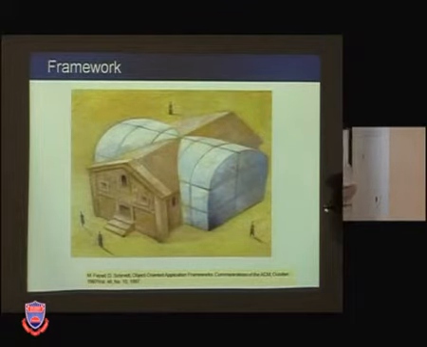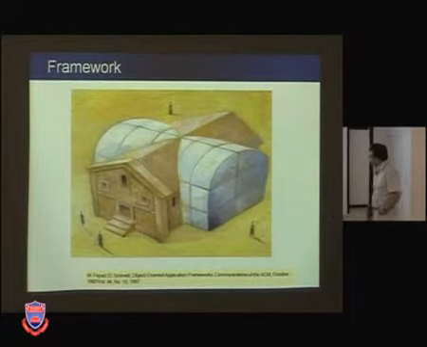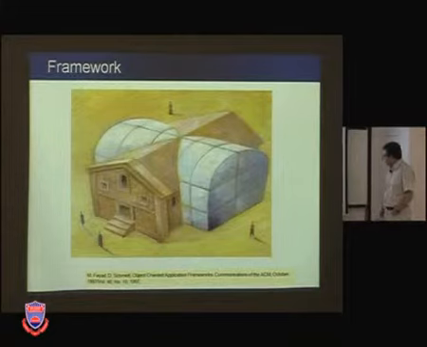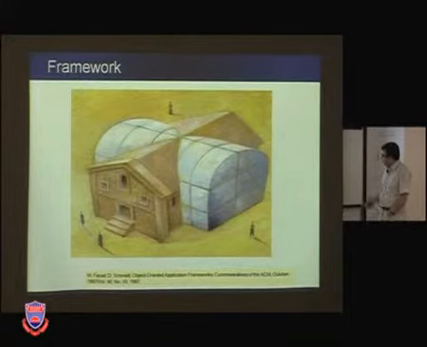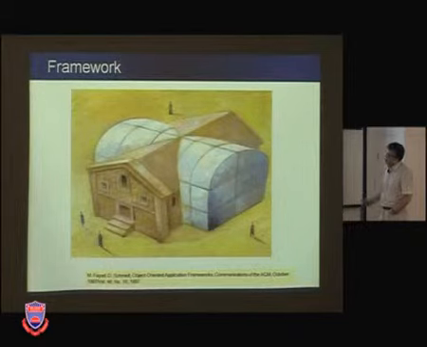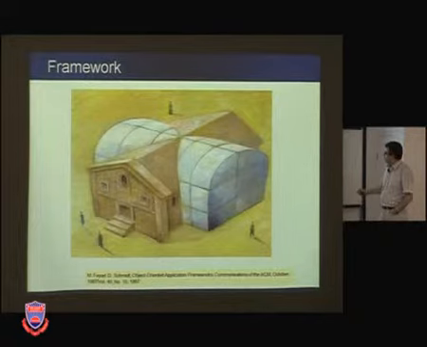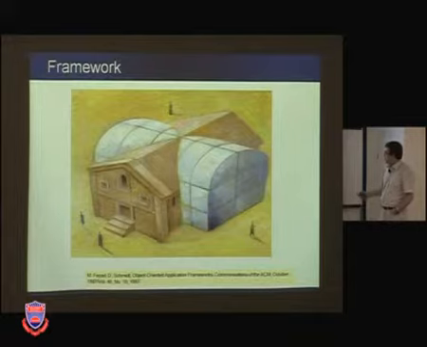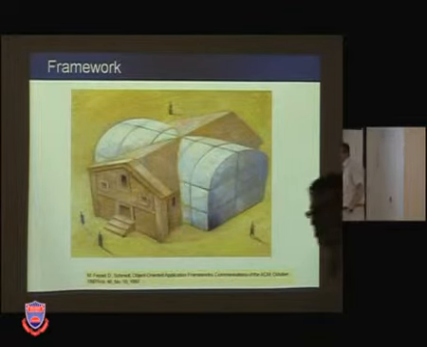This is from the front cover of the Communications of the ACM, from Fayad and Schmidt, about object-oriented application frameworks, nicely visualizing what an application framework is. A part of the framework has been built, but the other part still needs to be completed.